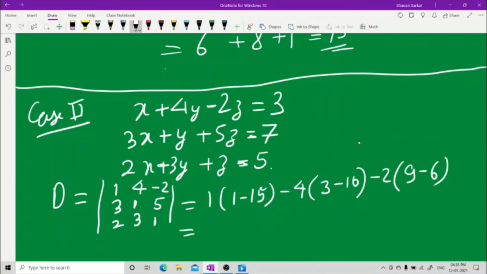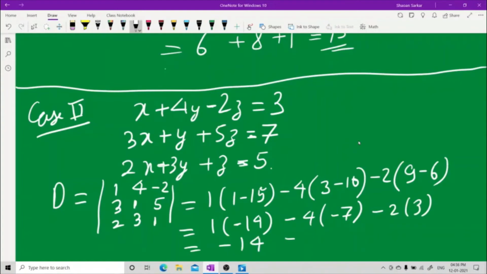So this is 1 into minus 14, then you have minus 4 into minus 7, and then this is minus 2 into 3. So you get minus 14 plus 28 minus 6.